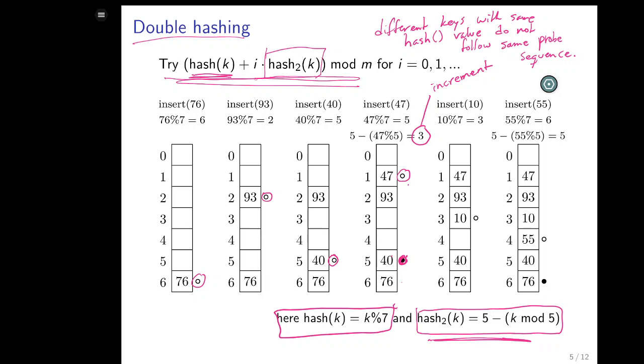What do you think is worse? How many people think that the open addressing schemes degrade faster than the chaining schemes? How many people think the other way?